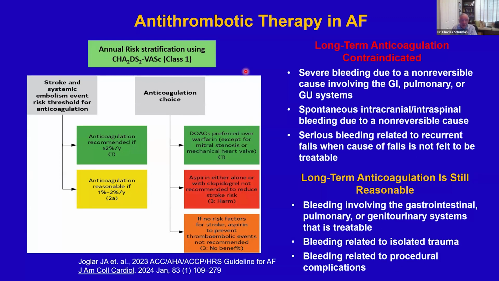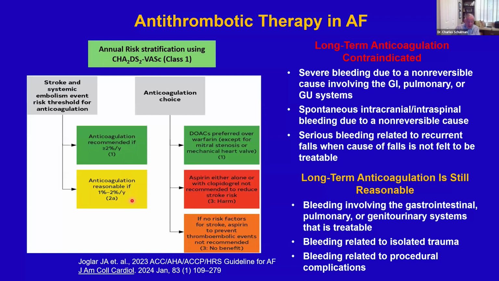procedural complication. So, to the annual risk stratification, the guidelines suggest that if the risk is greater than 2% per year, anticoagulation is recommended with a class 1 indication. 2% would roughly equate to a CHA2DS2-VASc score of 2.